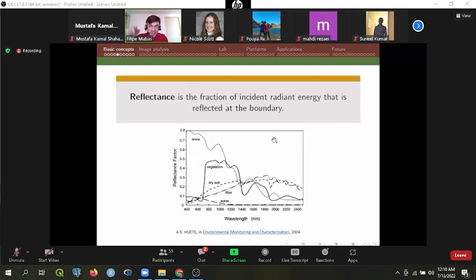So the fact of coming back is what we call reflectance, which basically is the fraction between the amount of radiation that comes to a surface and what is reflected back, right? So this is the reflectance. And in this image, it is represented on the y-axis. The y-axis in this graphic represents the reflectance, which again is the fraction between the incident radiation compared to what our sensors can capture.